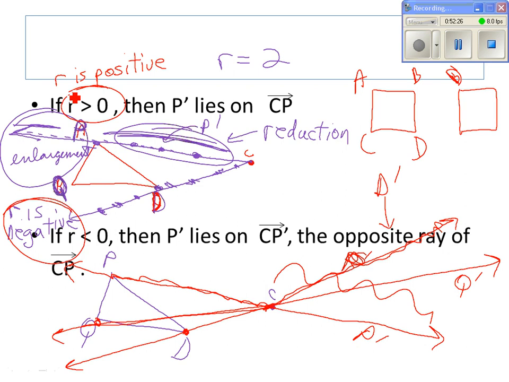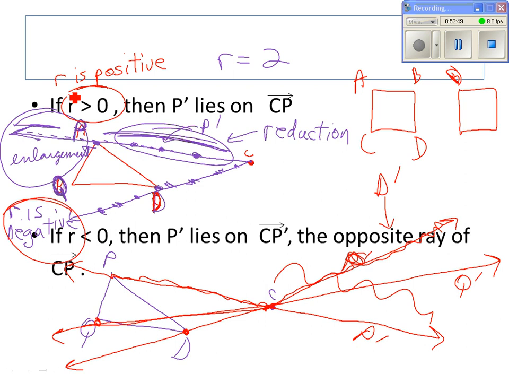Your eyeball. If you know anything about anatomy, you see everything upside down. Exactly. That's what that's doing. Think of this as your eye. The shape's going through there. It's making it smaller, right? It's a reduction.